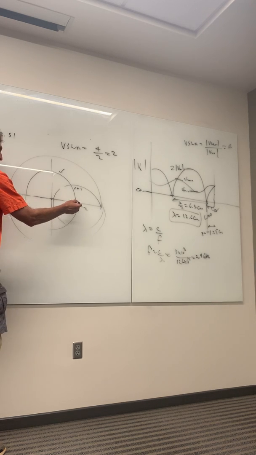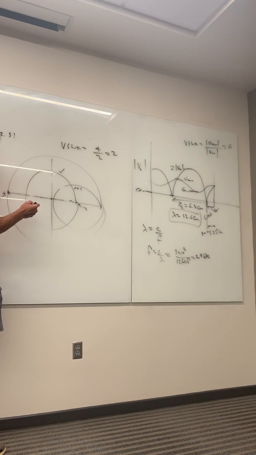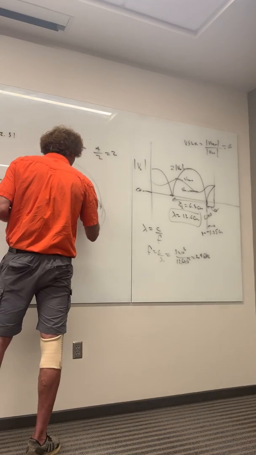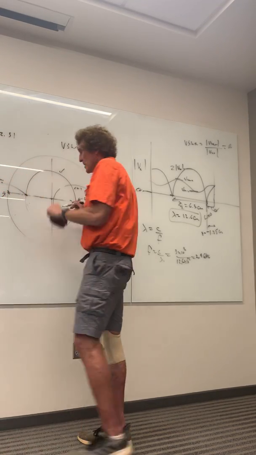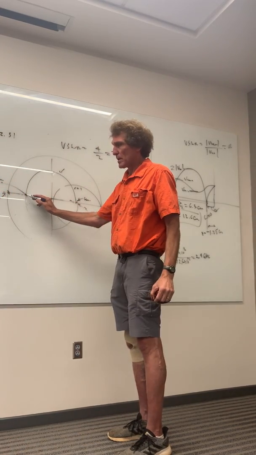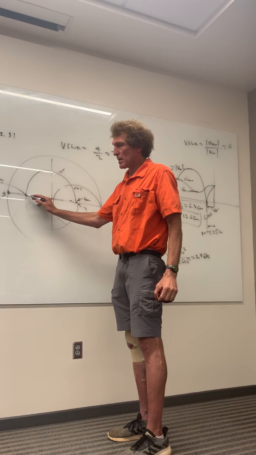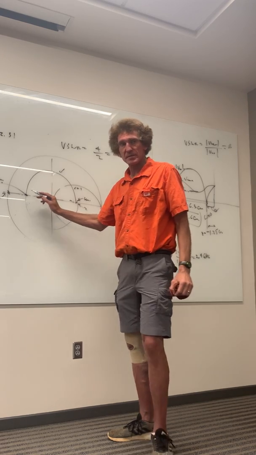Now, we know we have this circle right here. So that means this point corresponds to the Vmin right here. This is going to be Vmin, and that would be Vmax here.